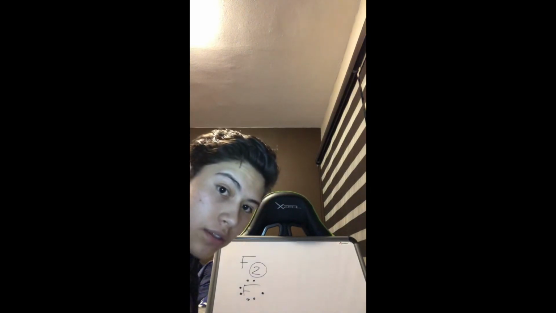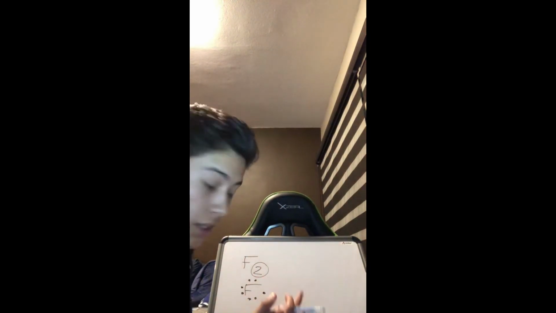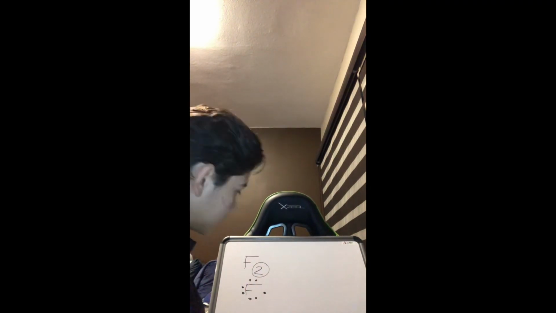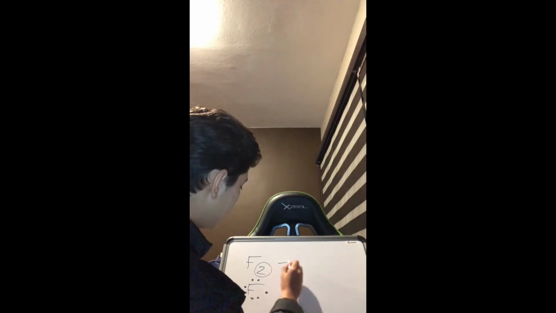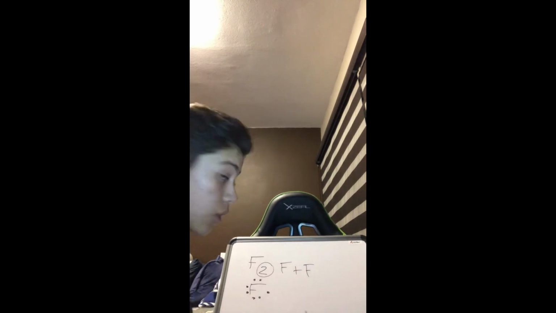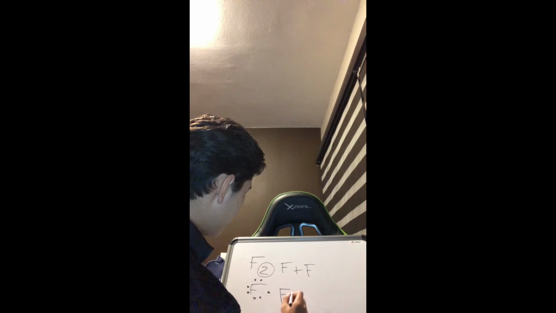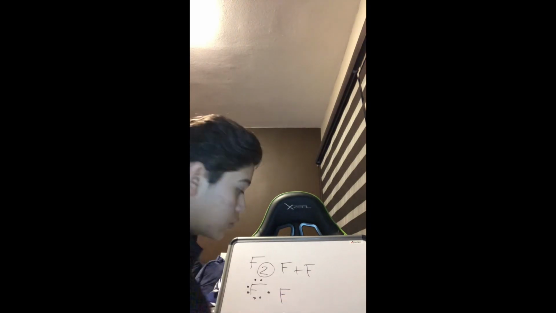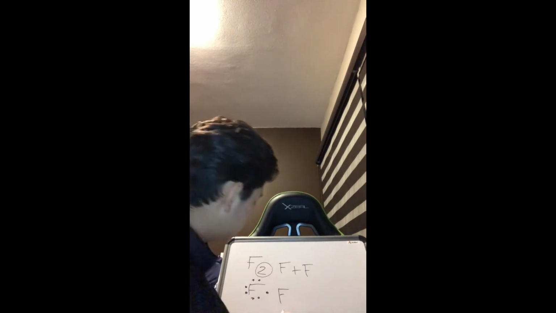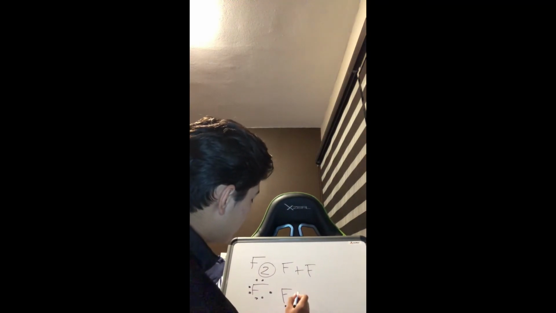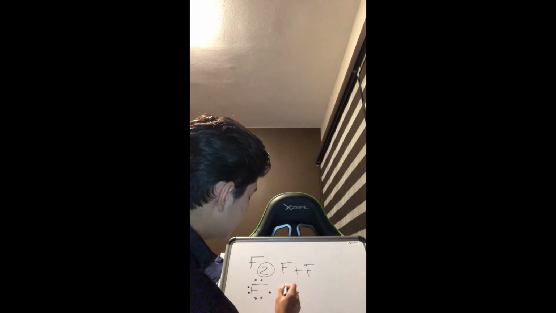As you can see, we have 7, and then we need to connect both fluorines. If you remember, we have a fluorine plus another fluorine. So what we are going to do is write the letter F of fluorine and put the valence electrons for the other one: 1, 2, 3, 4, 5, 6, 7.